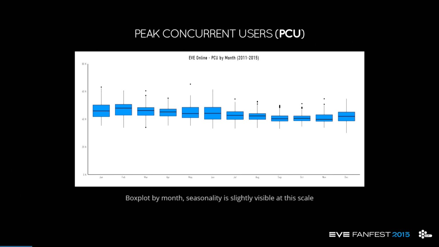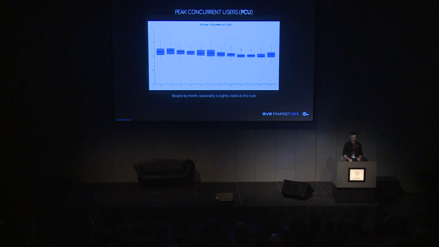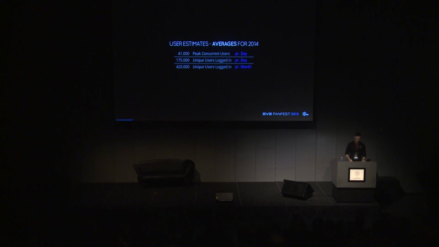Obviously, people are maybe getting some tan instead of being in EVE Online. User estimates for 2014: as I said, 41,000 PCU usually per day, 175,000 unique users per day that log in, and 420,000 per month.